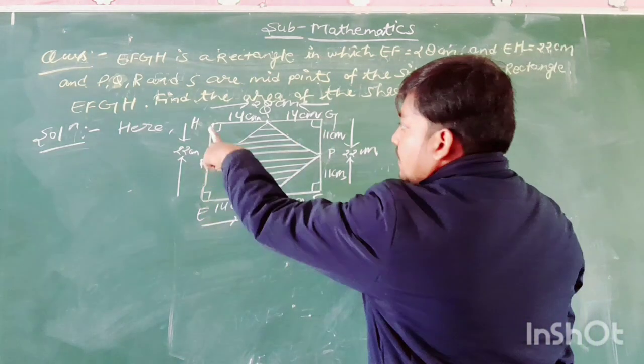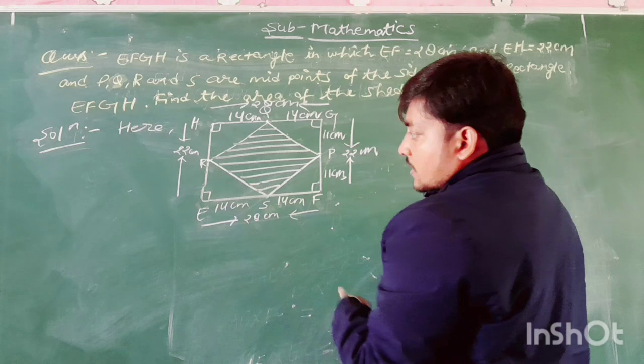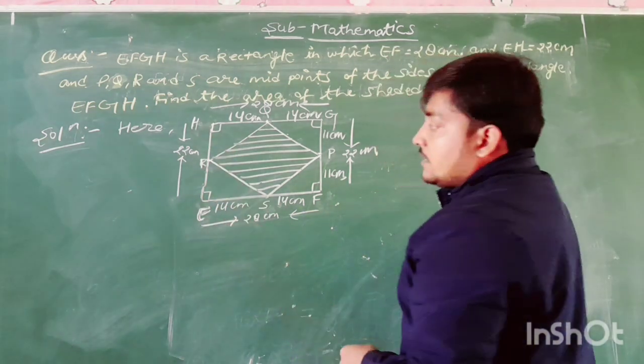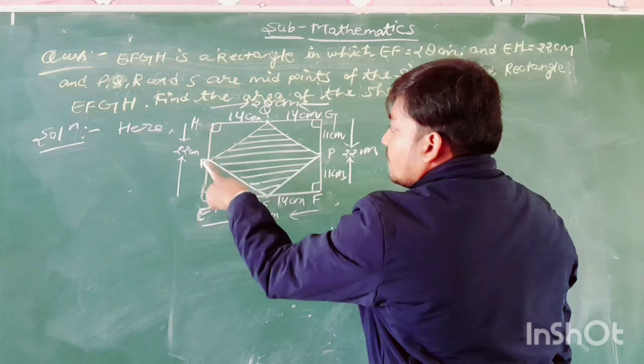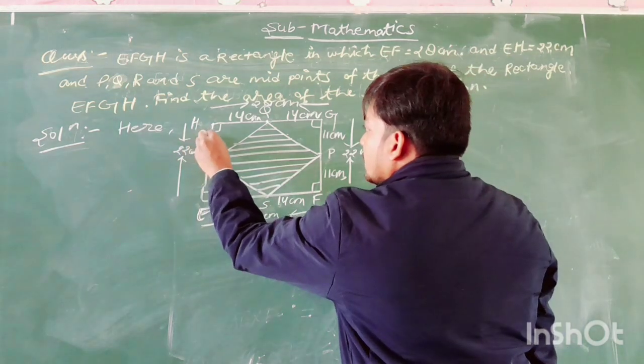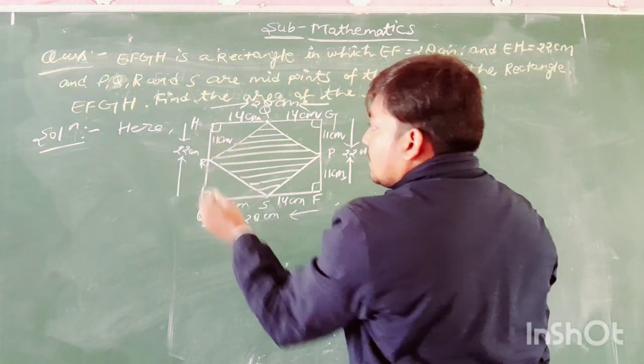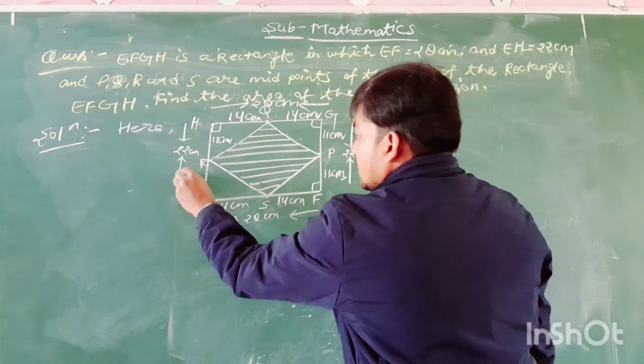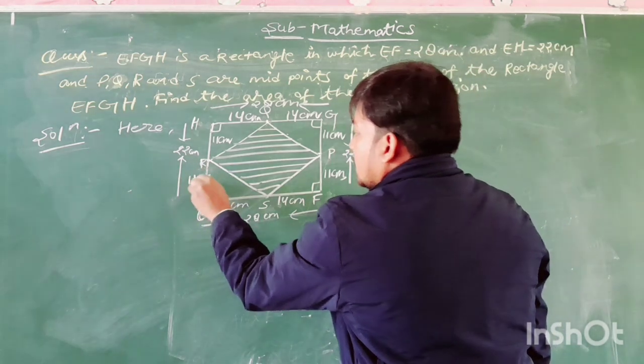Here R is also the midpoint of HE. In this case, HR is 11 centimeter and RE is also 11 centimeter.